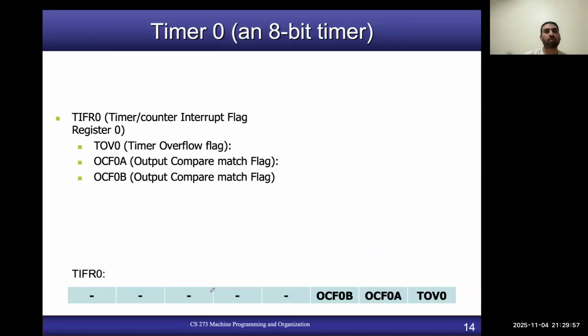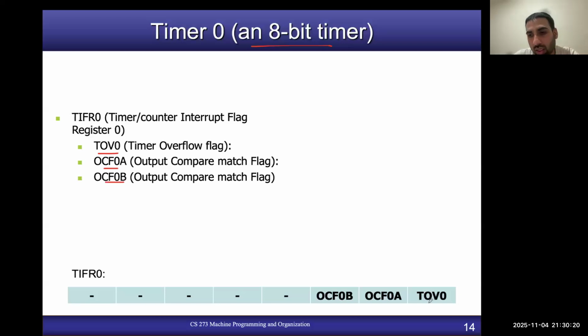So let's first talk about timer 0. Remember we said there are three different timers, timer 0, timer 1 and timer 2. Timer 0 and timer 2 are 8-bit. So timer 0 is an 8-bit timer, and it has an associated timer counter interrupt flag register, which has three flags.